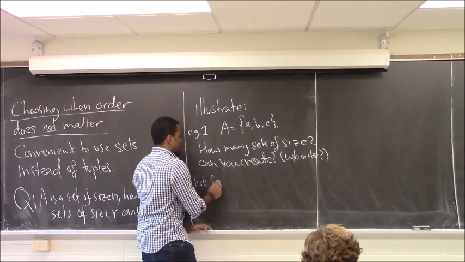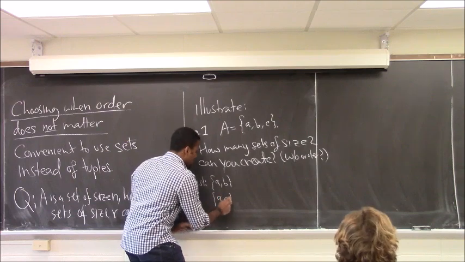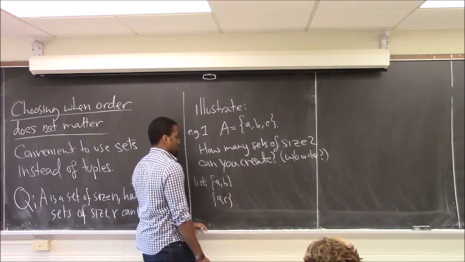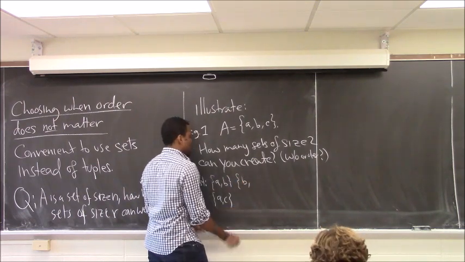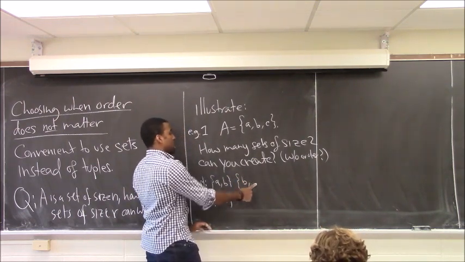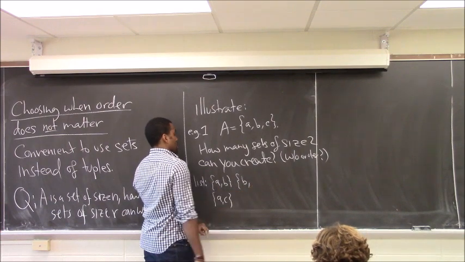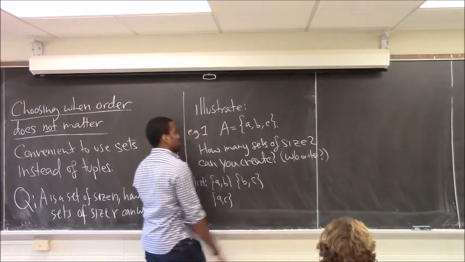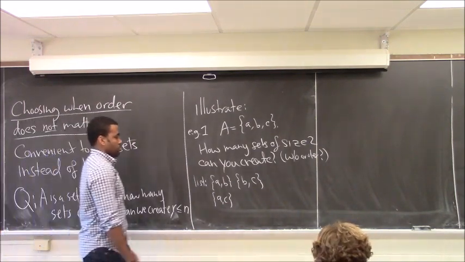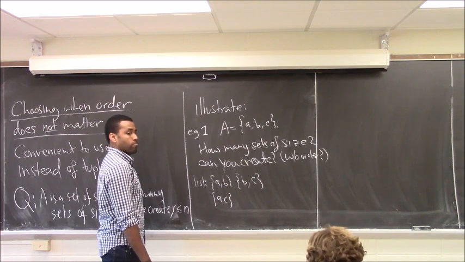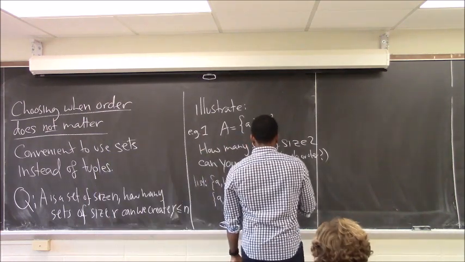I can create a set with A and B. I can create a set with A and C. I can create a set with B and... Now once I put B, I can't put A because that would overlap with this. That would be the same thing. So I can put B and C. Anything else? That's it. There are 3 possibilities.